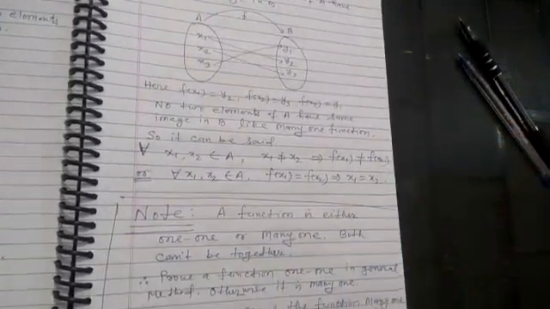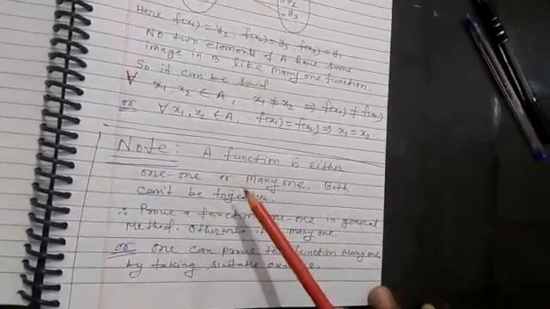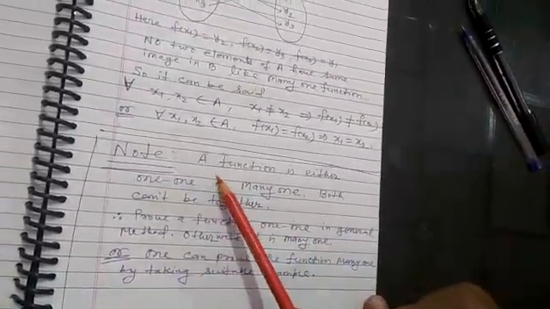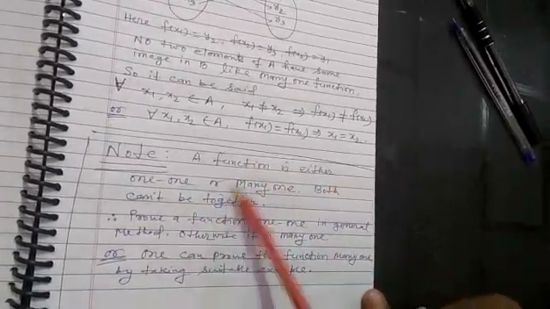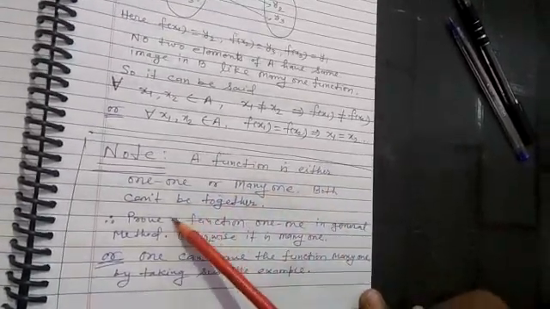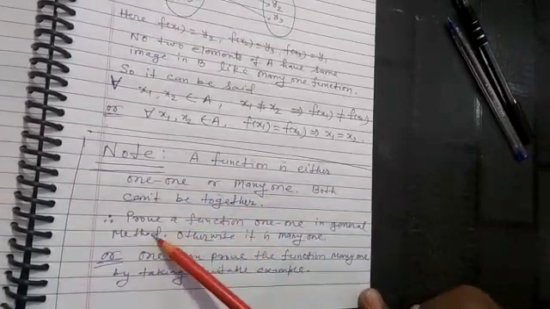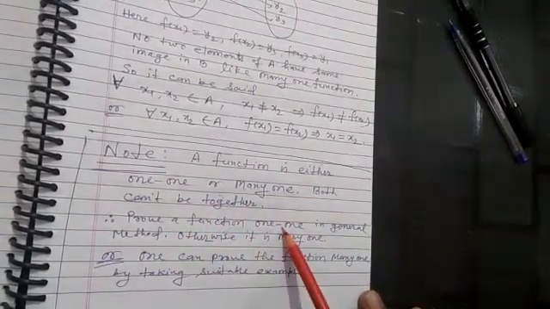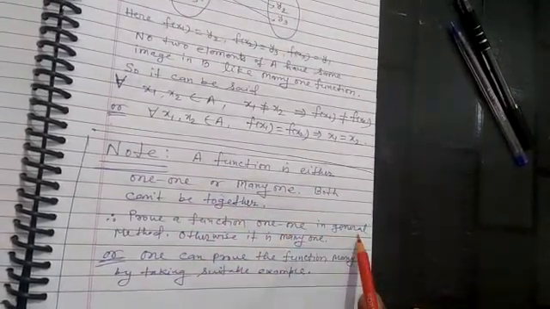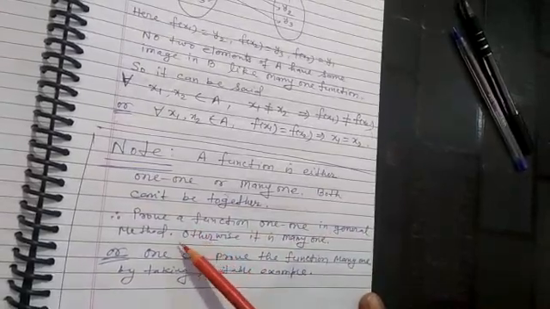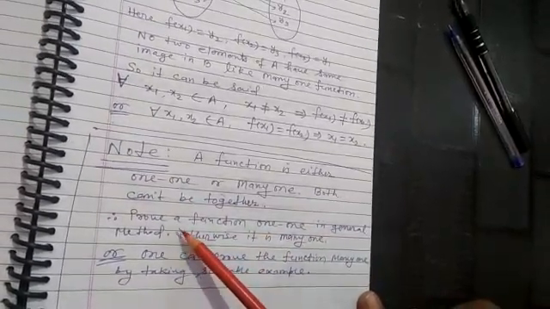Now some suggestions are here in the form of a note. A function is either one-one or many-one. Both cannot be together. How do we prove one-one or many-one?